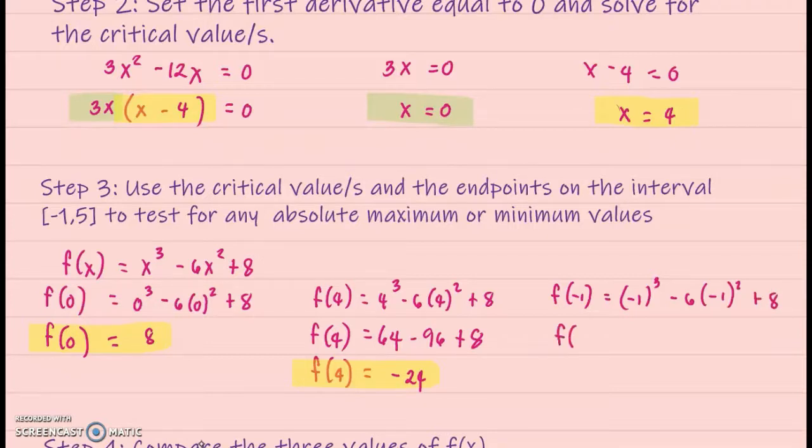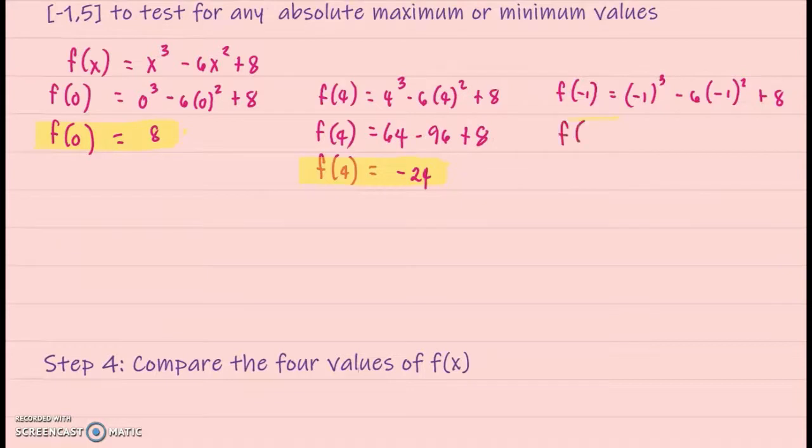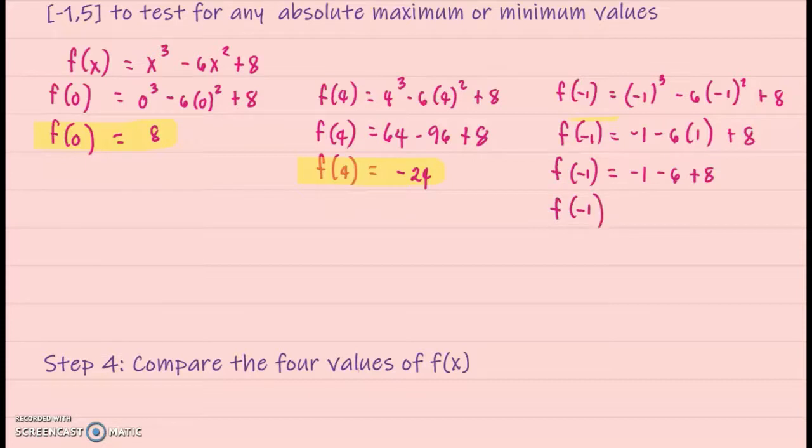So f of negative 1 is equal to, negative 1 cubed is negative 1. Minus 6 times negative 1 squared is positive 1 plus 8. So f of negative 1 is equal to negative 1 minus 6 plus 8. So f of negative 1 is equal to 1.